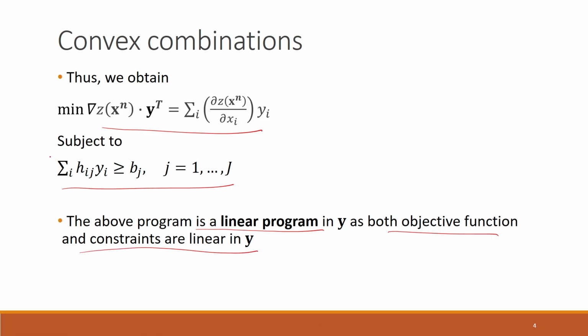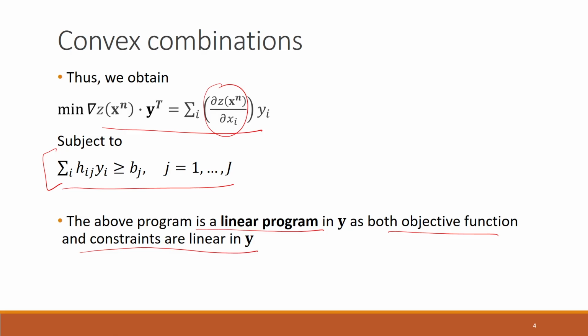So these constraints anyway were linear because we are focusing on those optimization problems that have linear constraints, and the objective function is also linear, as you can see, because these partial derivatives of z with respect to xi are known, because we know the gradient of the function z at the given point xn. xn is known at this nth iteration.